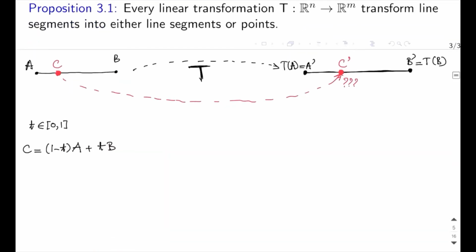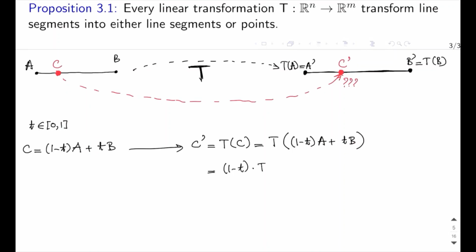Now, under the transformation T, the point C will get mapped into C prime, which is T of C. But then C is the linear combination of A and B. Then using the linearity property of T, knowing that 1 minus t is just a scalar and t is just a scalar, A and B are vectors, we are going to have this equal to (1 minus t) times T(A) plus t times T(B).